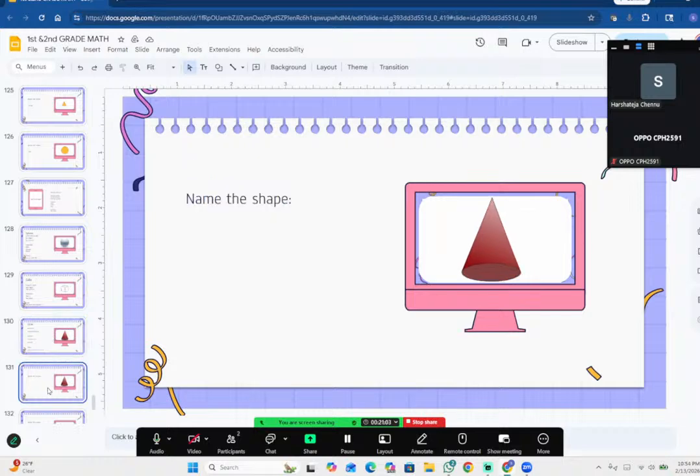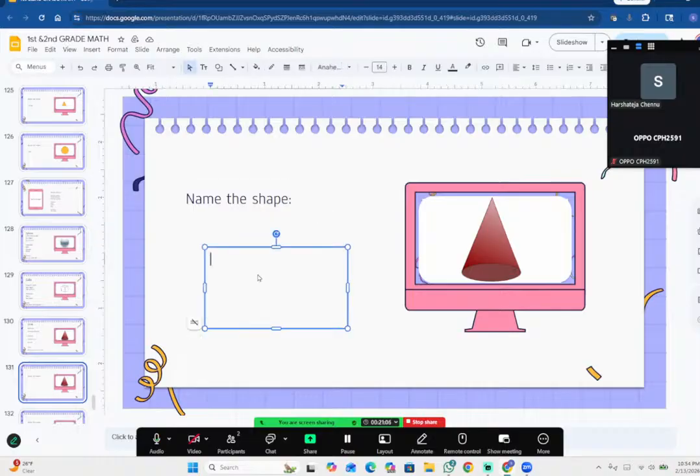So now let's practice. Name the shape. So this is a cone.